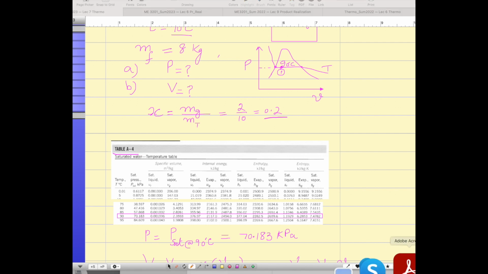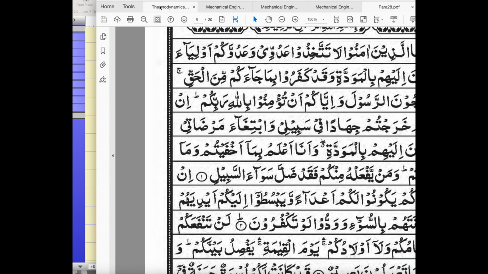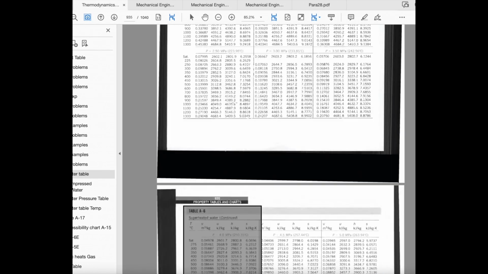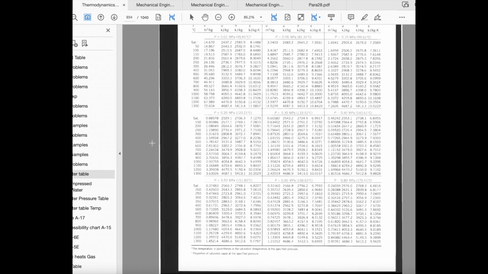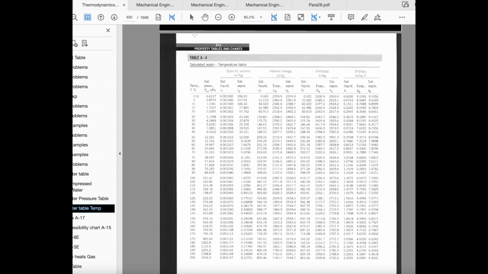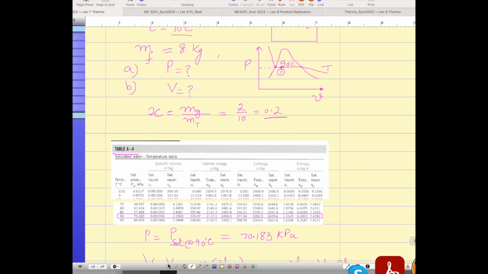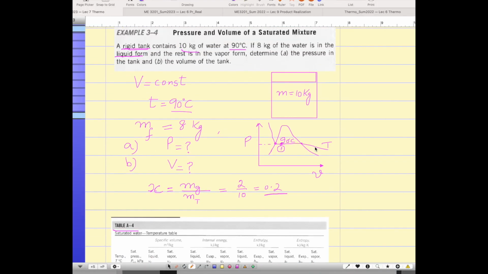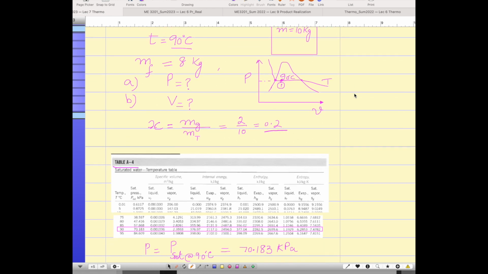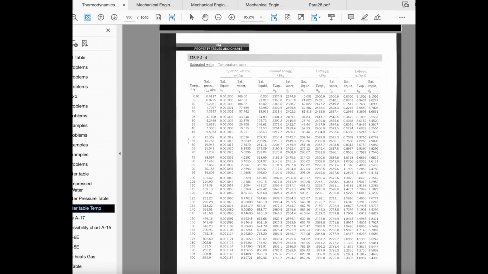Let me see if I can show you the book here. In this book you will see the tables. You have to find the water Table A-4, and since the question states 90 degrees Celsius, you go to your book and look at 90.